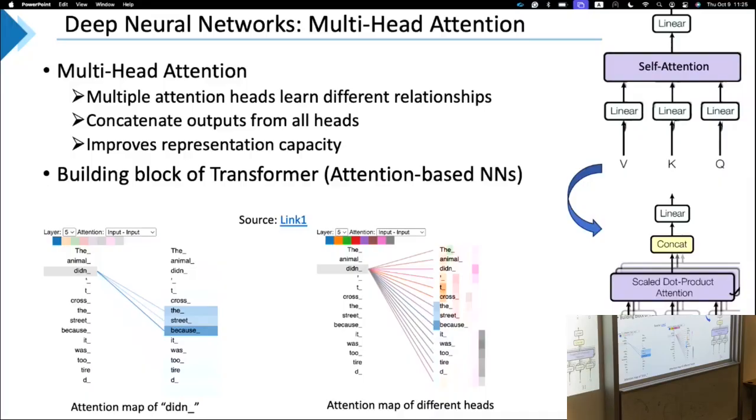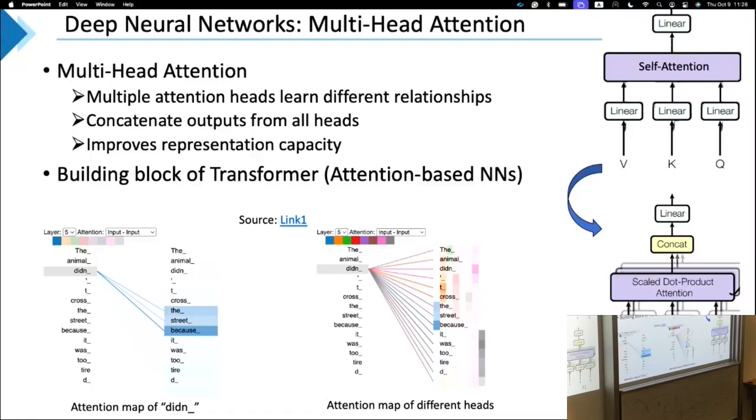And you can see this is the attention score extracted by this multi-head attention. The different colors represent different heads. Different heads are able to capture relationships under different semantic contexts.